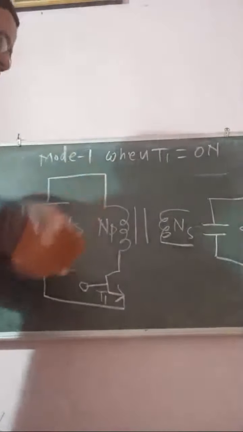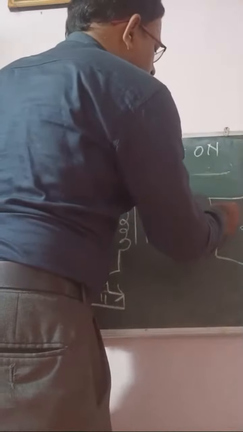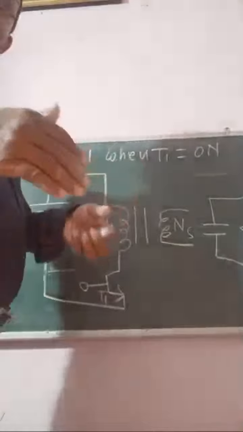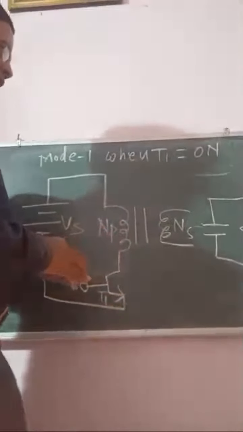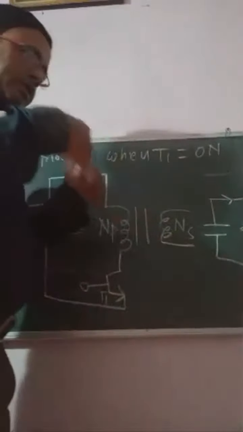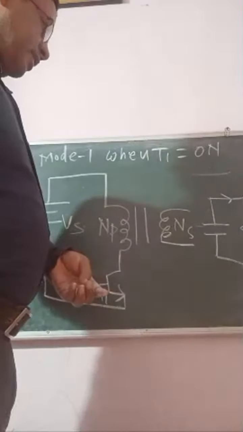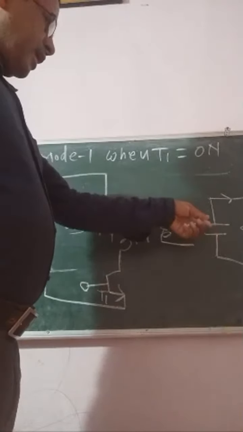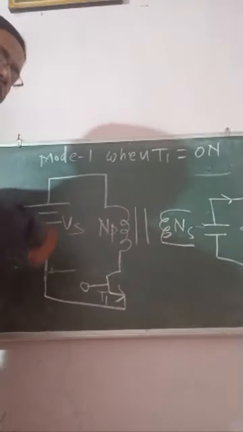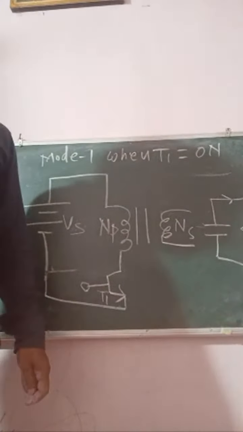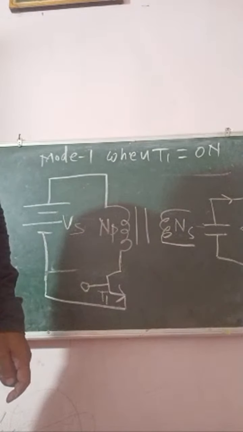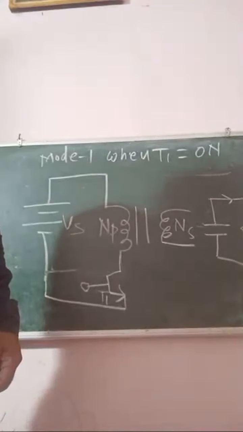When the diode is off, what happens? The energy already stored in the capacitor will flow to the load, or discharge to the load circuit. The stored energy in the capacitor will discharge when the switch is in the on condition.